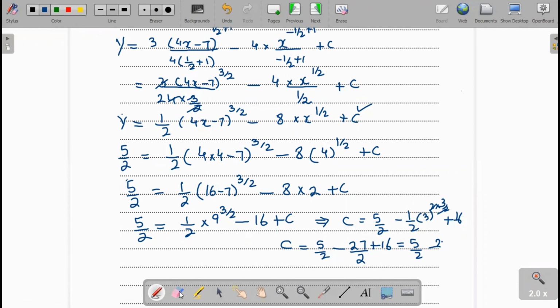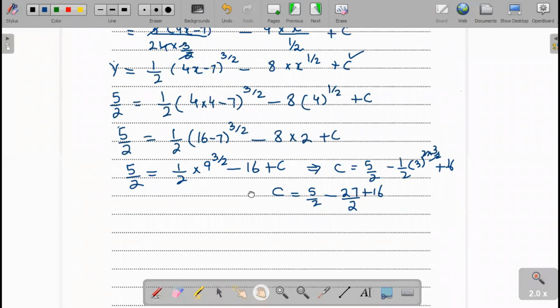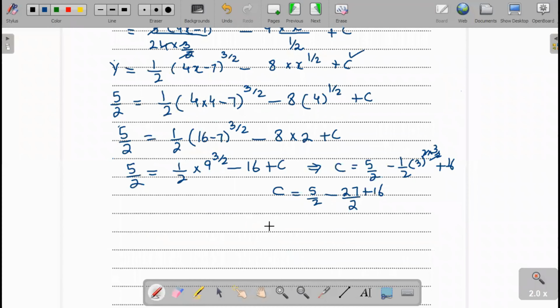Now we calculate this value. c equals 5 minus 27, which is minus 22, over 2, plus 16. Therefore minus 11 plus 16, and c will be equal to 5.